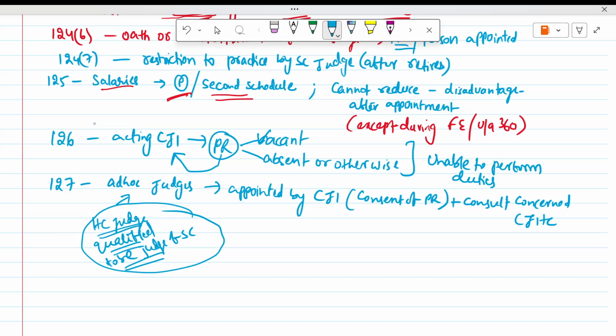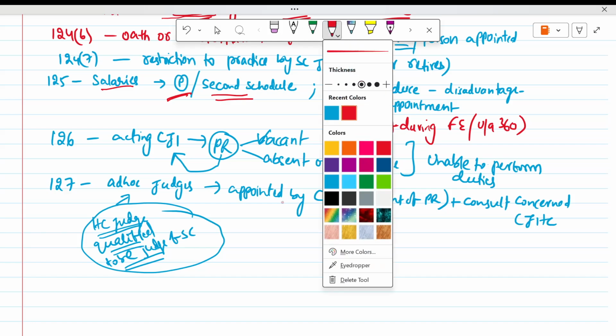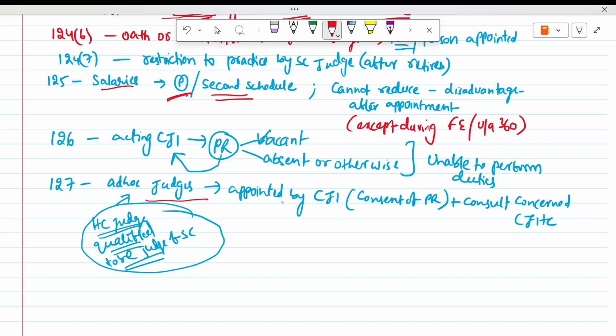Ad hoc means it is only a temporary provision. An ad hoc judge can be appointed when there is a lack of quorum. Whenever there is a session and the minimum number of judges is not available, the CJ can temporarily ask the CJ of the High Court to send some High Court judges who are duly qualified to be judges of the Supreme Court.